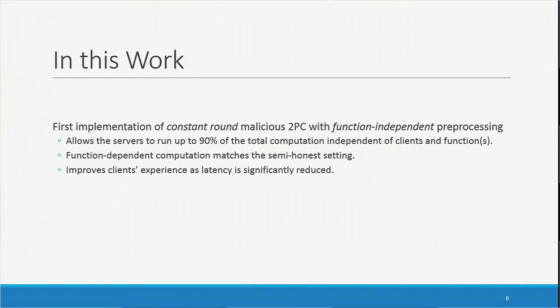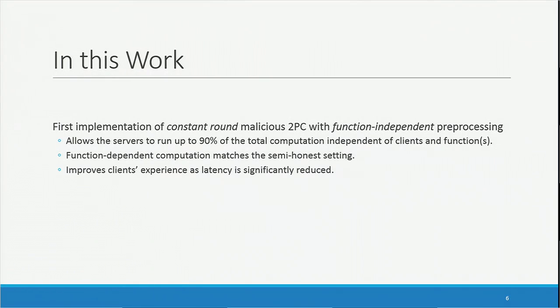In this work, we implement the first constant round maliciously secure two-party protocol that at the same time supports function-independent preprocessing. Now, to get back to the example, this actually allows the servers to run up to 90% of the total computation without even knowing the clients beforehand or even knowing the functions that they'll compute.